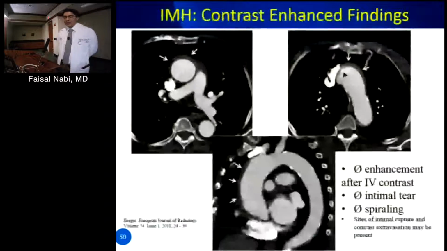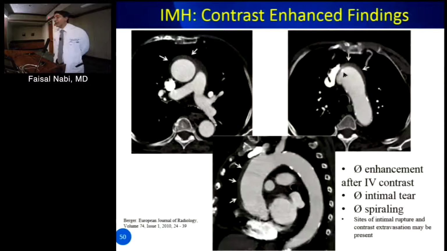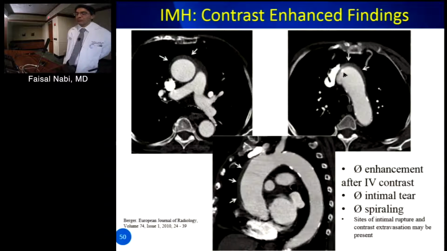Notice, when you give contrast, it actually can be a little bit more difficult to see with CT, but the main clues are no enhancement after IV contrast, no intimal tear identified, and no spiraling. With CMR and the ability to use our tissue probing techniques where we can actually identify thrombus, it can be an easier diagnosis to make.